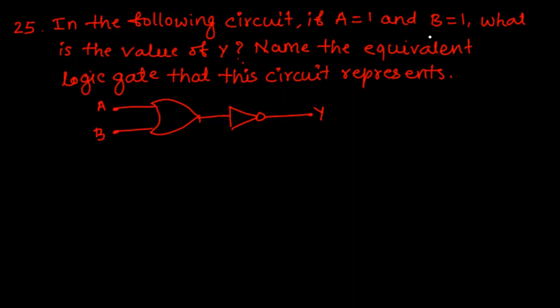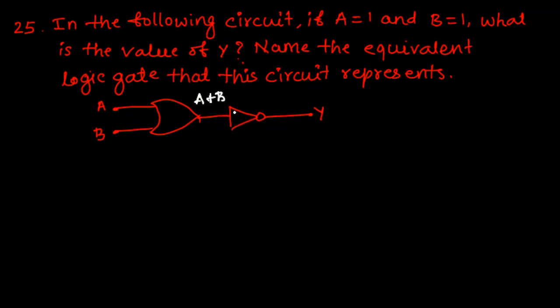A is 1 and B is 1. See, you observe this. This one is OR gate. OR operation is plus. If inputs are A and B, then output will be A plus B here. So A is 1, B is 1. 1 plus 1 means here you will get output as 1.